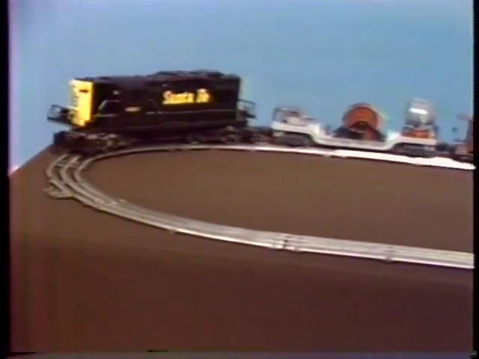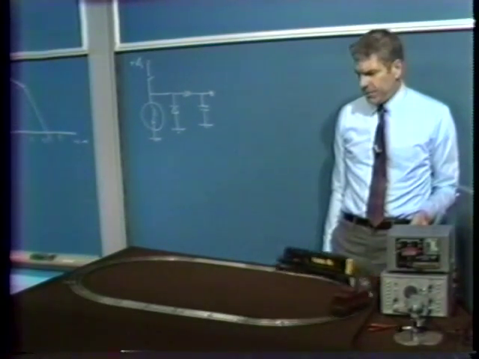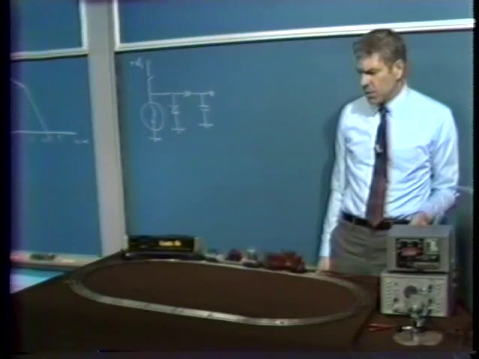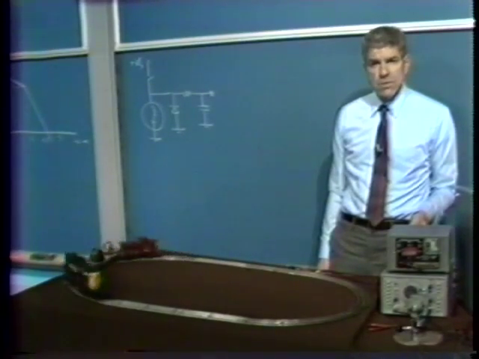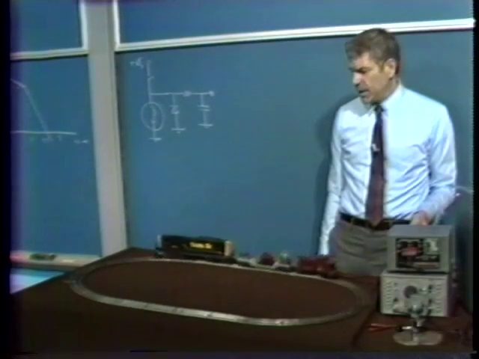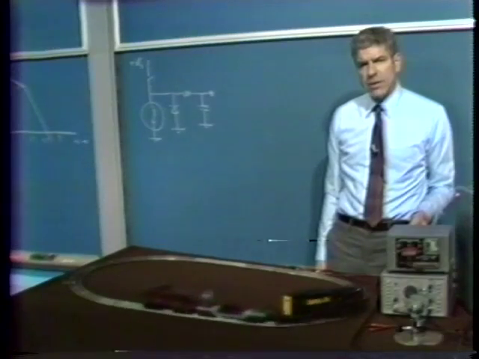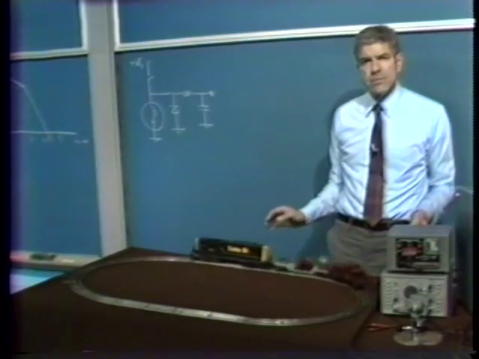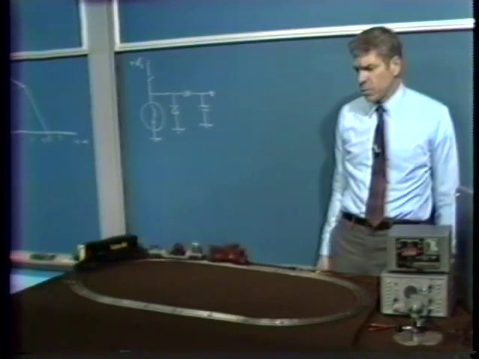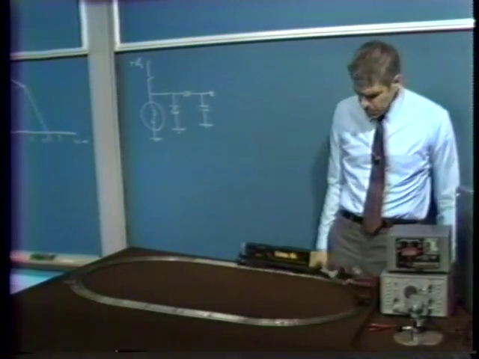What I'd like to look at is a method that will allow us to control the speed independent of the grade that the engine is on or other changes in load applied to the engine. Furthermore, that same technique will give us a method that allows us to move fairly slowly and gets around some of the cogging problems that the usual engine has when we ask it to run at a very low speed.